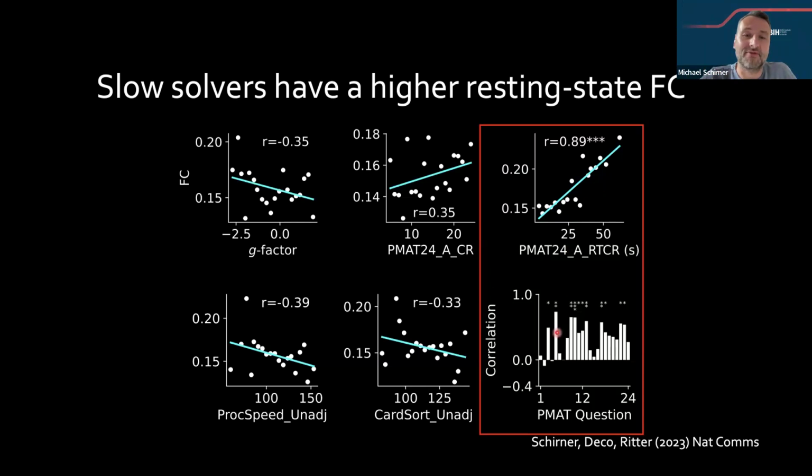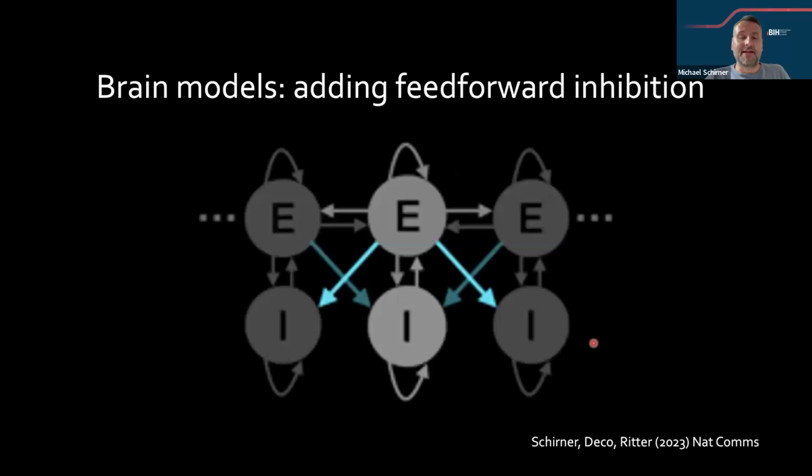And here we can see that regardless of the complexity of the question, there's always a strong correlation between the reaction time and functional connectivity. So slowness seems to be associated with intelligence. Slowness seems to be associated with functional brain networks. So now we want to understand what is the underlying mechanism?